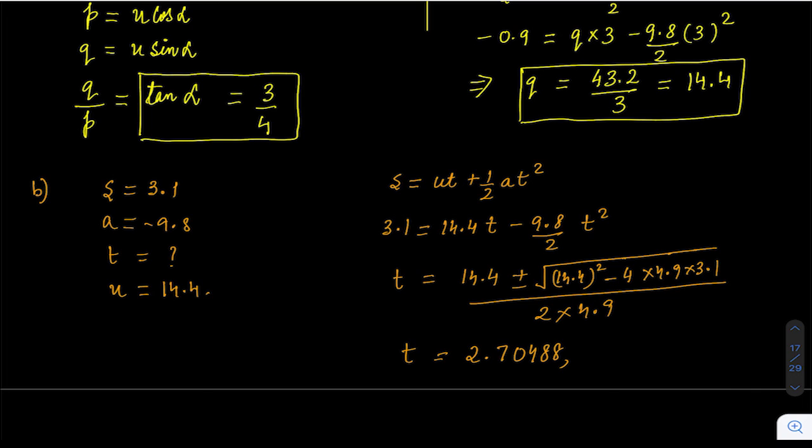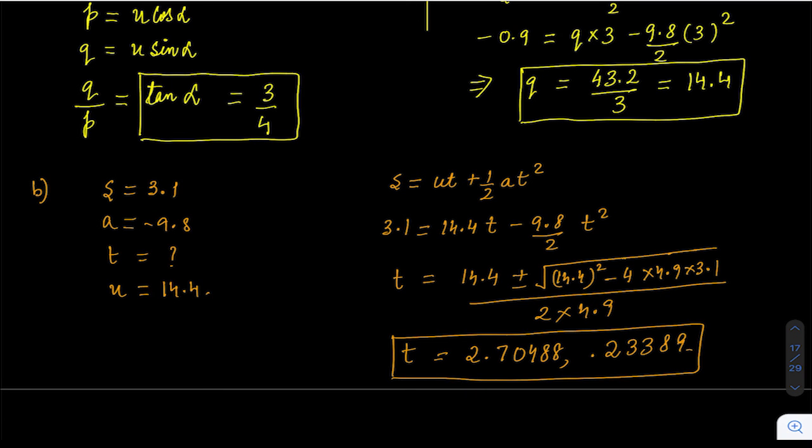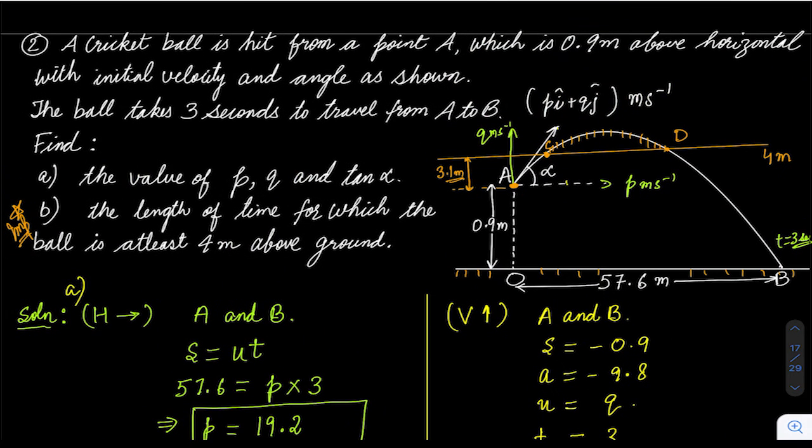So I am getting two answers for time, 2.70488 and 0.23389. So it means that it goes above 4 meters, and when it reaches the greatest height, it comes down. So that will be my second time.